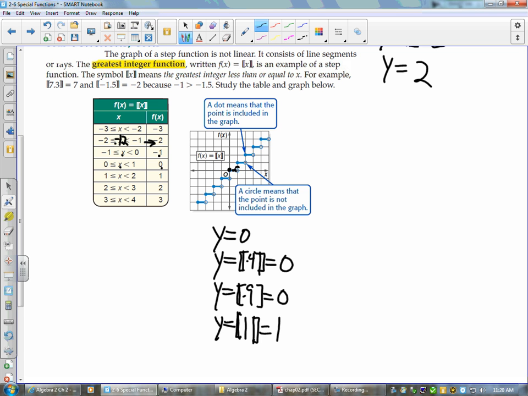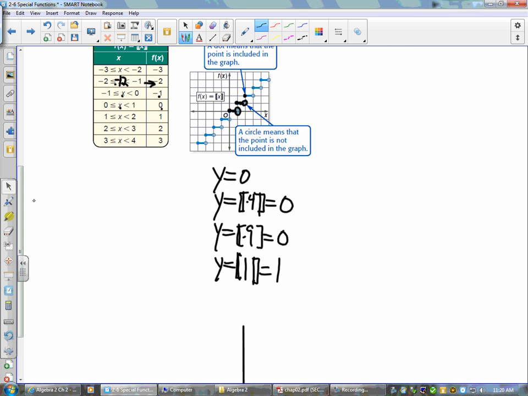So we leave an open circle here and a solid line there, and it jumps to the next value. And then the same way, 1.1, 1.2, 1.3, 1.4 all stay at 1 until we get over to 2. Then it jumps up to 2. Okay, so the greatest integer function cuts off. It truncates all decimals, so it works only in integers.